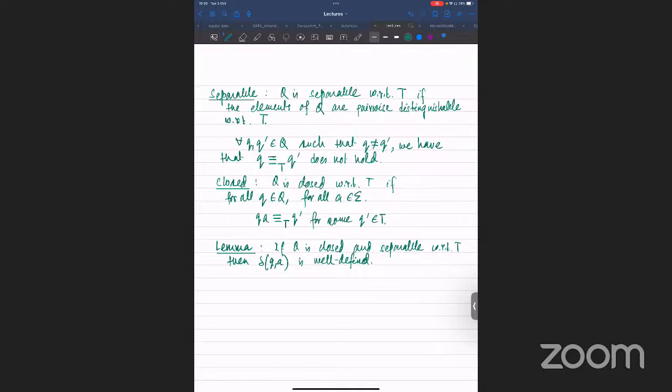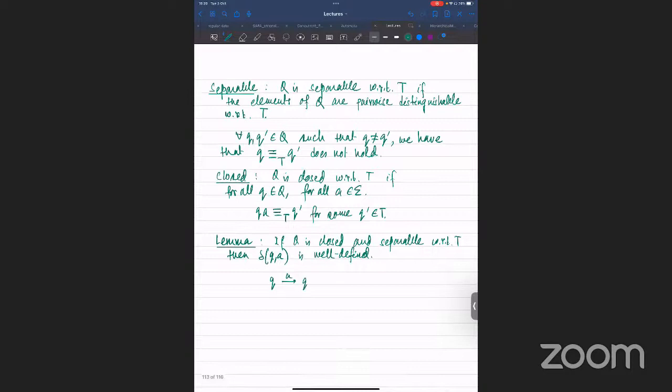But if I try to construct it, because of this closure, if I read an A, there exists such a Q prime where I can go, because QA is T equivalent to it. Further, this Q prime is unique. You cannot have two possible such things. Why?